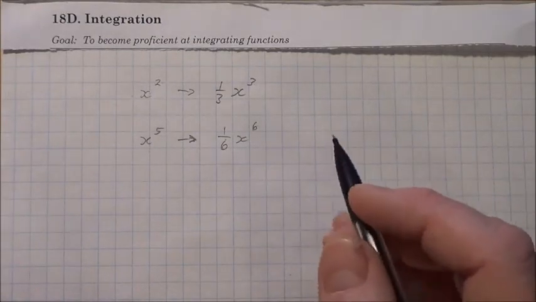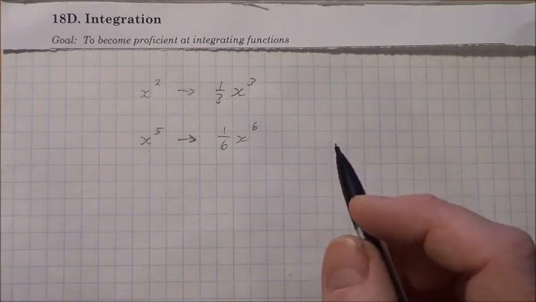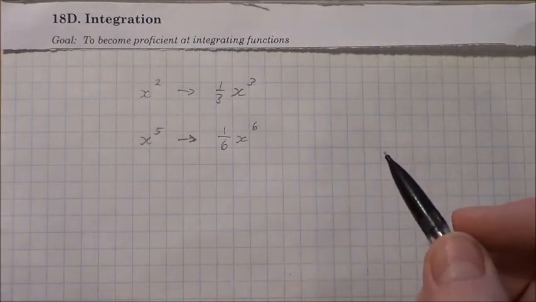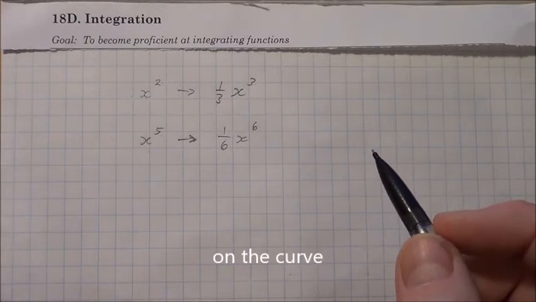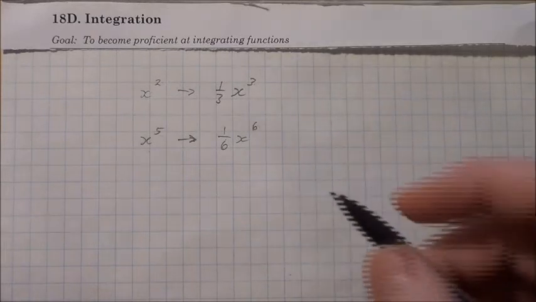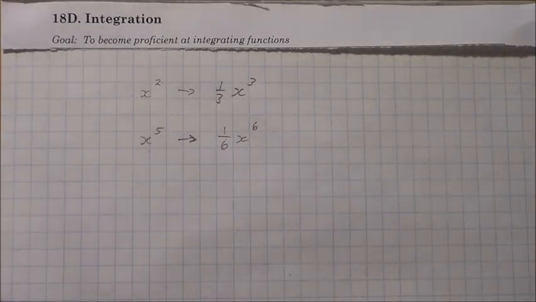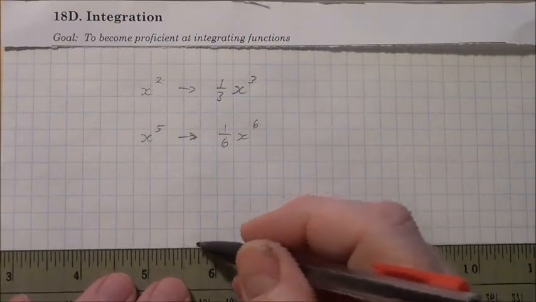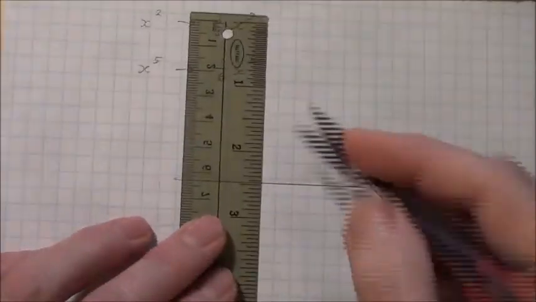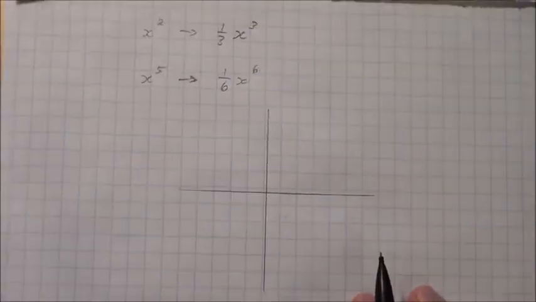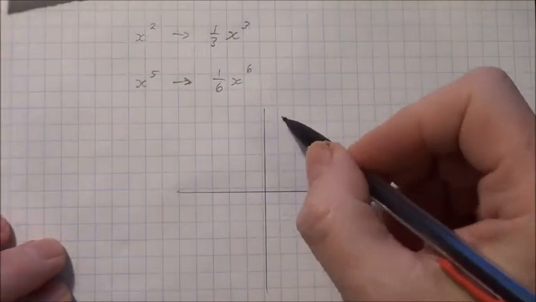Now, we know that the derivative represents the gradient of the tangent at any point. So suppose we had, and I'll just do a quick sketch here, just some general function. If we've got a grid here, we've got some sort of function.